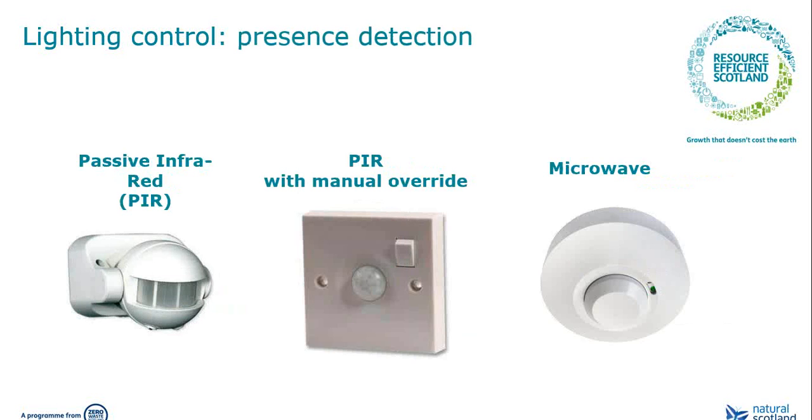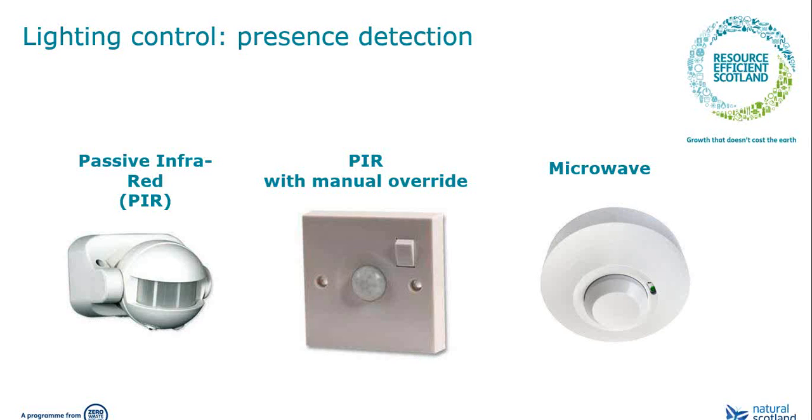Let's look at some types of presence detection. A very common one that you'll hear is passive infrared or PIR units. These emit a beam of infrared light which is not visible to the human eye, but as might be obvious from the type of output from them, they're good at long thin spaces, so very good for corridors or rooms which are elongated.